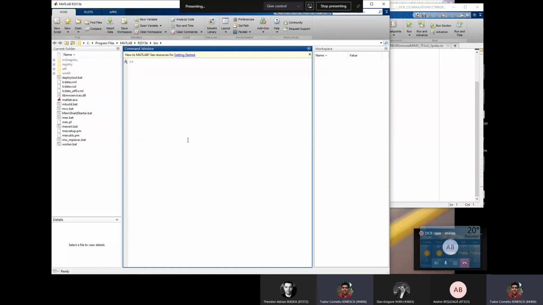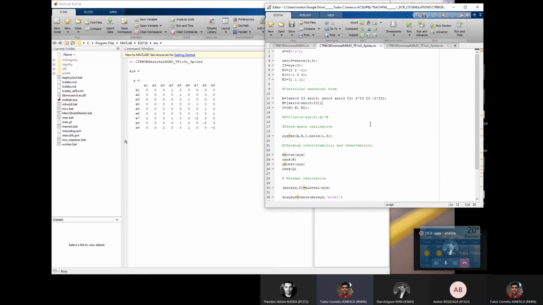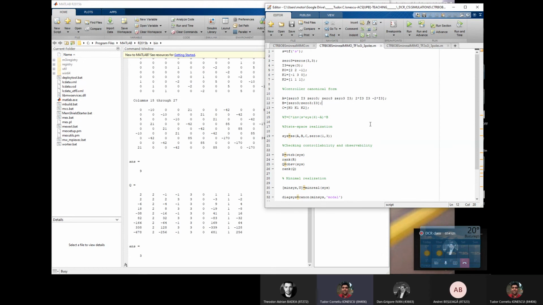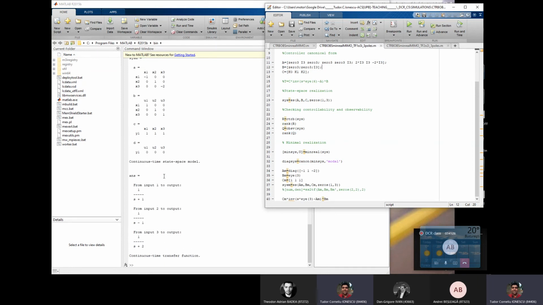Can you see the MATLAB? Okay, you can. So we have this example. Let's run it. This is the minimal realization, A, B, C, M. So this is going to be reduced because we have to start with the minimal stable system.